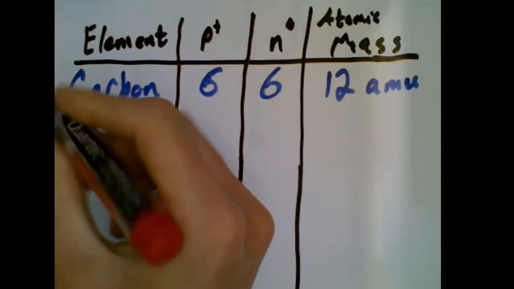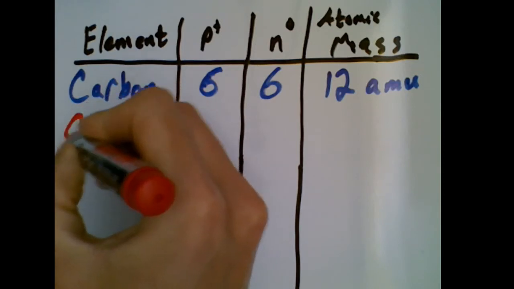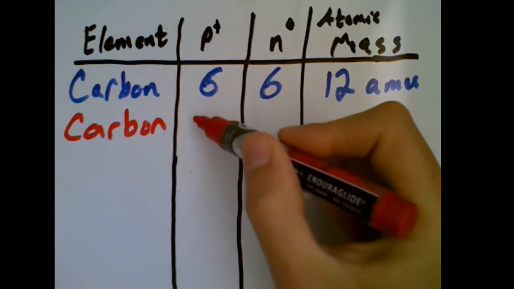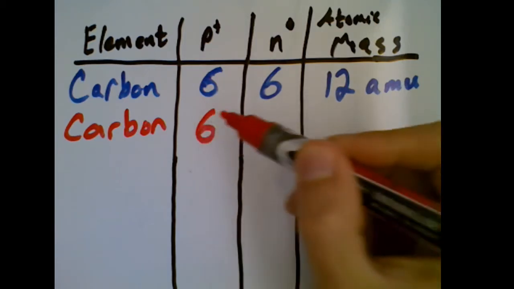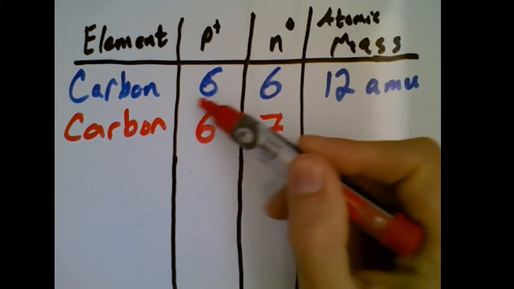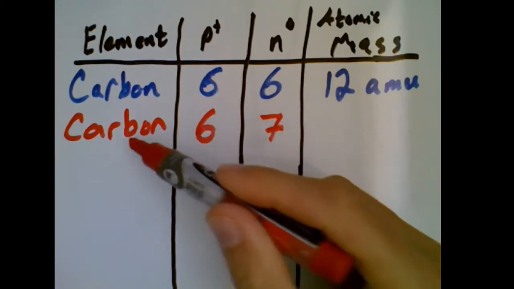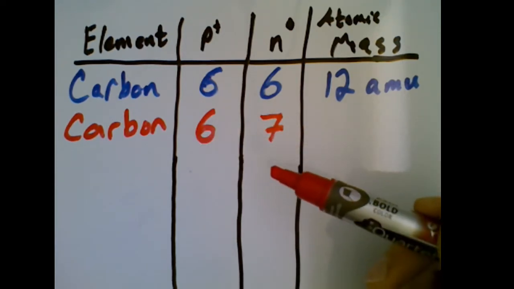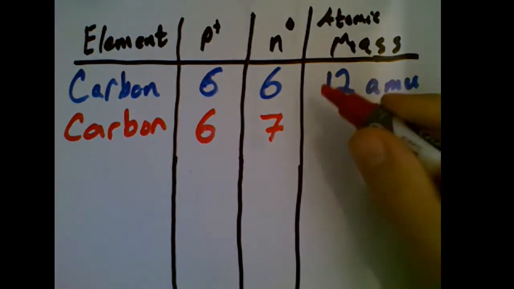But there is also another version of carbon. There is a version of carbon that, while it still has 6 protons, has 7 neutrons. You see, it has to have 6 protons because it's carbon, but 7 neutrons still allows the nucleus to be stable.